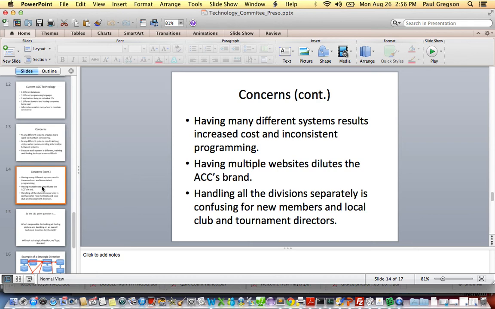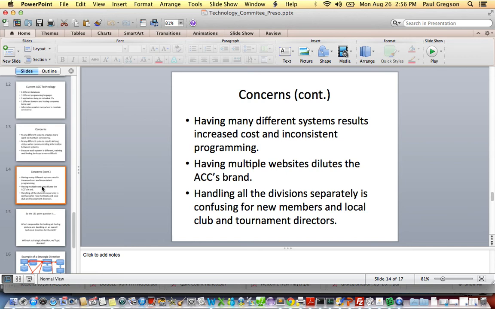Also, anytime you want to make changes to a particular application, because it's written in its own separate technology and has its own separate database, you've got to go out and find a specific contractor that knows that technology, so you've got to find either a number of individuals within the ACC who know lots of different technology, or you've got to go find a handful of different companies in order to maintain all the different technology that we currently have.